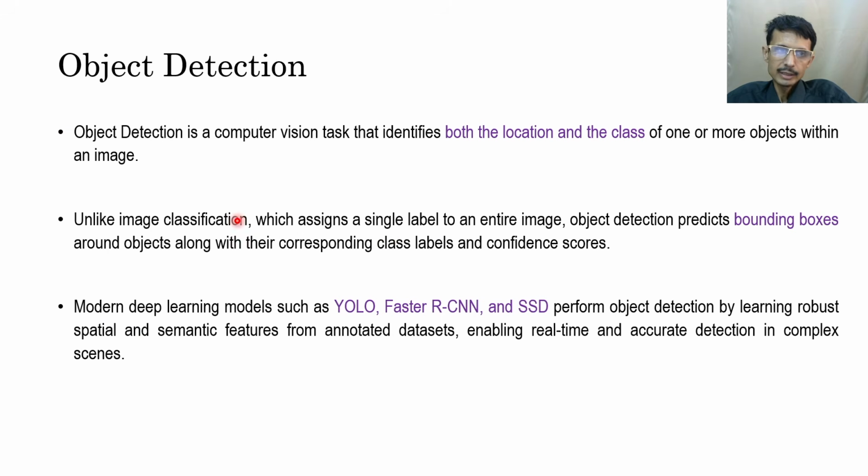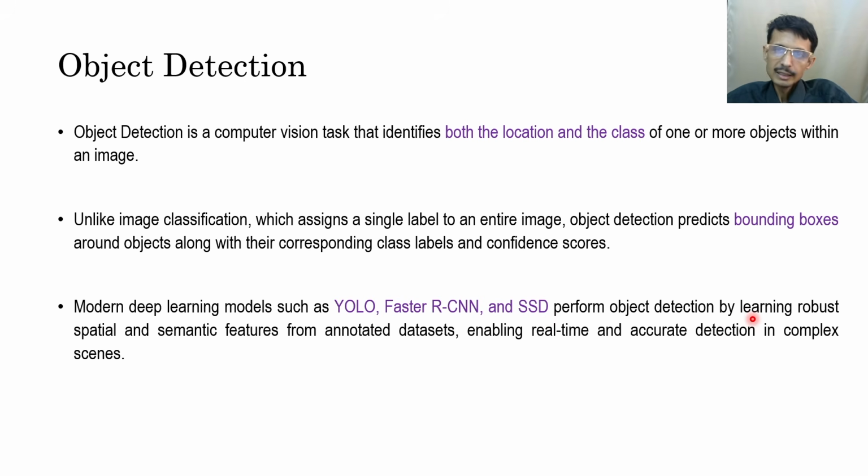Now here you can see, unlike image classification, which assigns a single label to the entire image, object detection predicts bounding boxes around objects along with their corresponding class labels and confidence scores. So that's why it is object detection. Now what are the available methods at this moment for object detection? YOLO, Faster R-CNN, SSD.